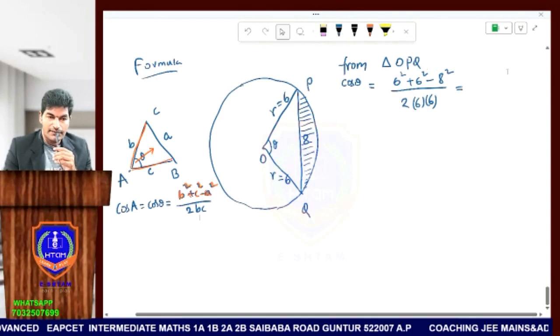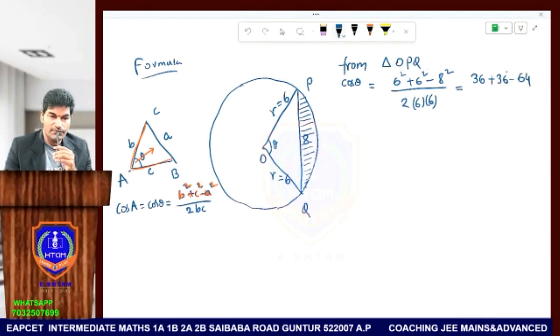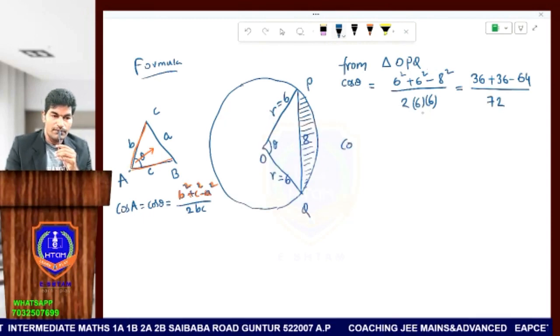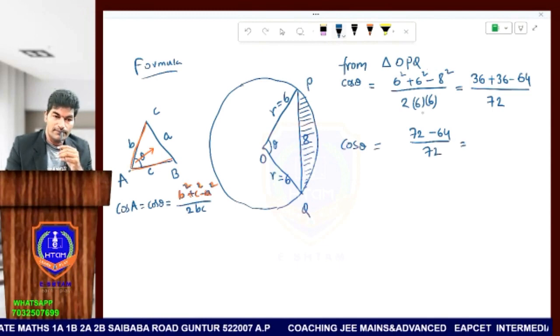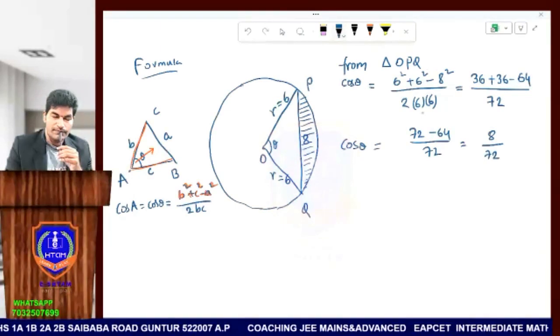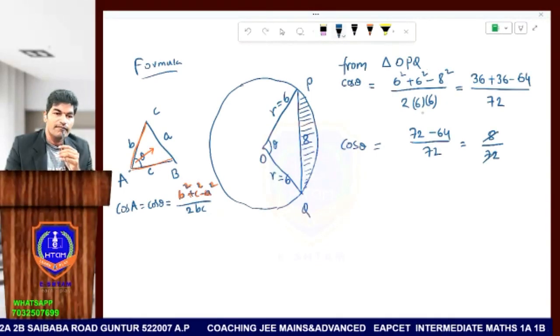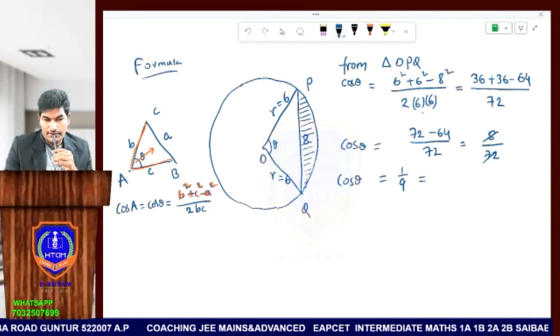Now, what is 6 square? 6 square is 36, plus 36, minus 8 square which is 64, and the whole divided by 36 twos are 72. Now cos theta is equal to 72 minus 64 by 72. 72 minus 64 is 8. 8 by 72 is approximately 1 by 9.